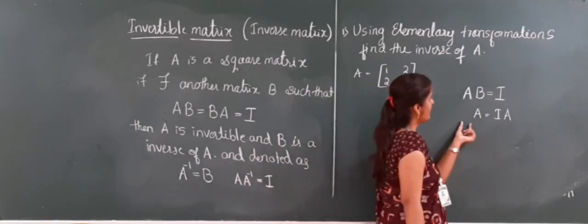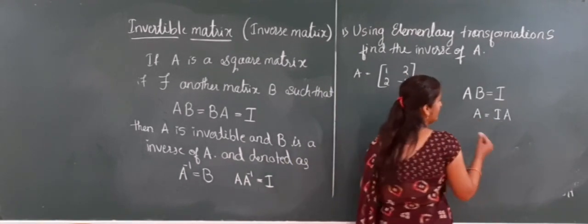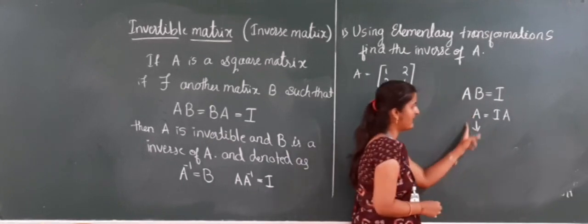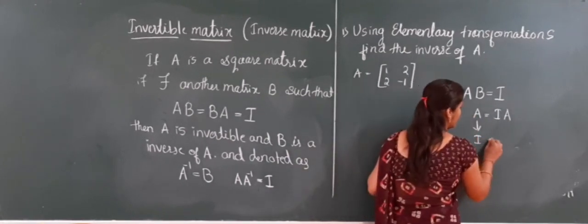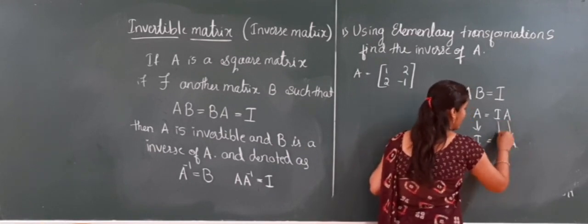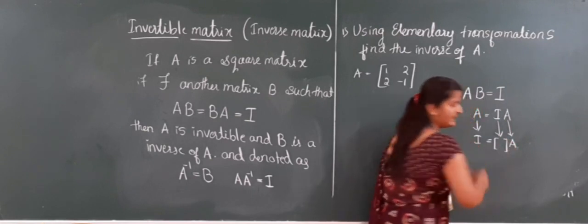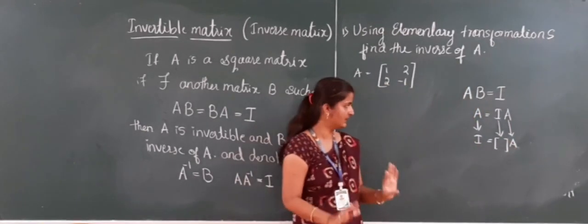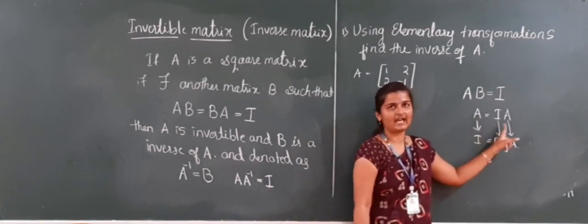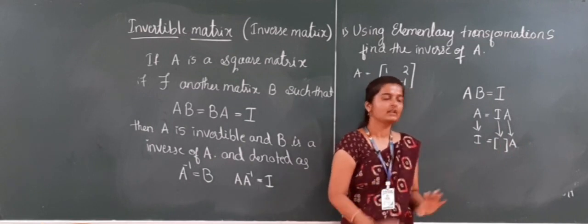So now I will write A is equal to I into A. This is the identity property. This is already proved, so this is true.